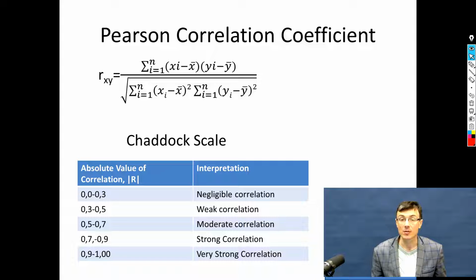So this is the formula for calculating our Pearson correlation coefficient, and then the Chaddock scale, how we interpret our result. So, as you can see, the closer the value of the Pearson correlation to 1, the stronger the dependence of one parameter on another.